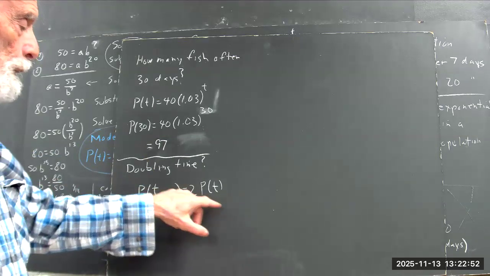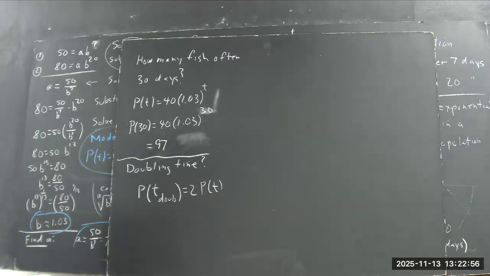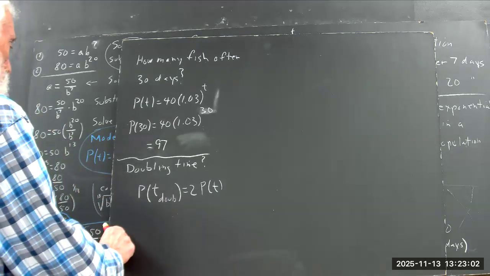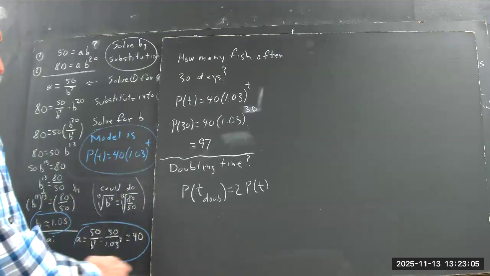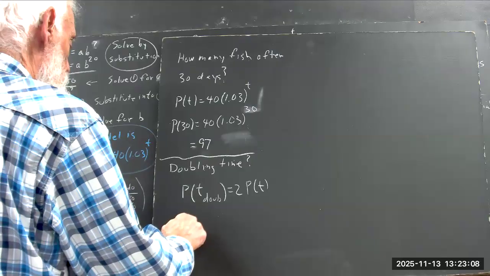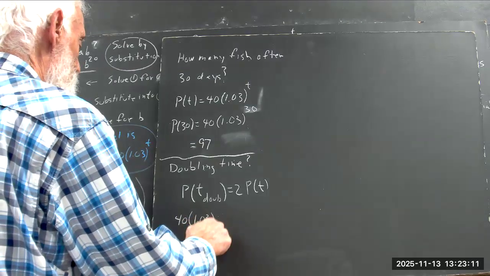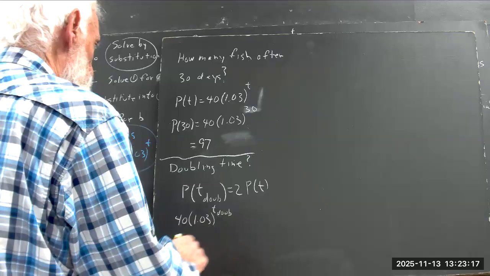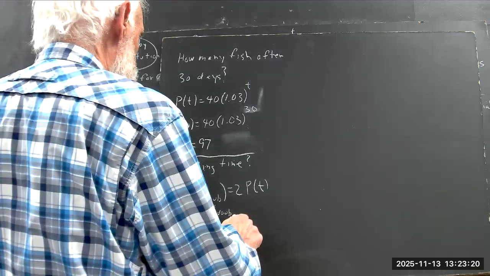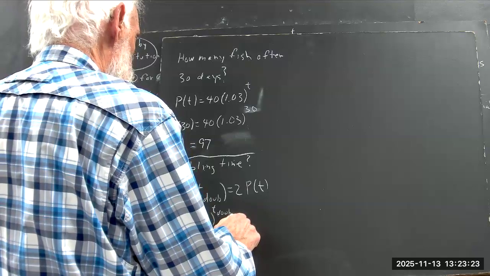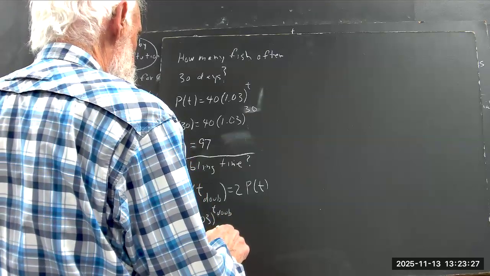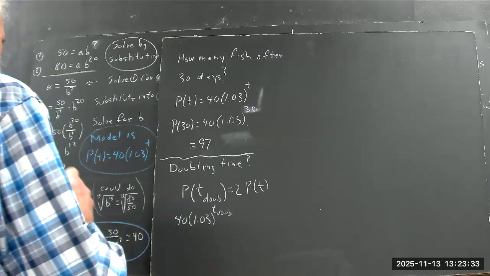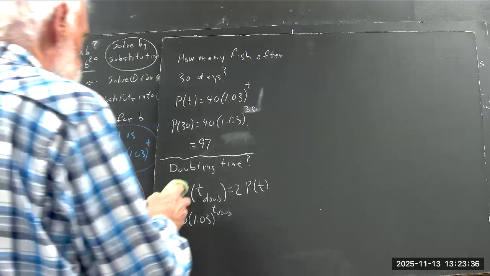P of T dub equals 2P of T. Well, that means P of T being 40 times 1.03 to the T. Equation not as simple as what I just said.